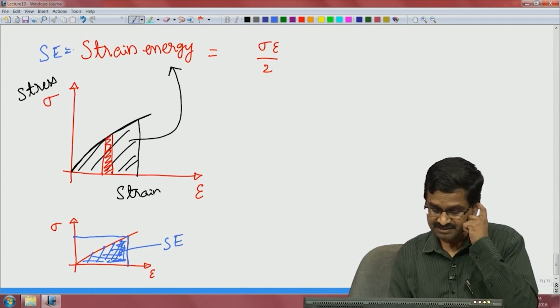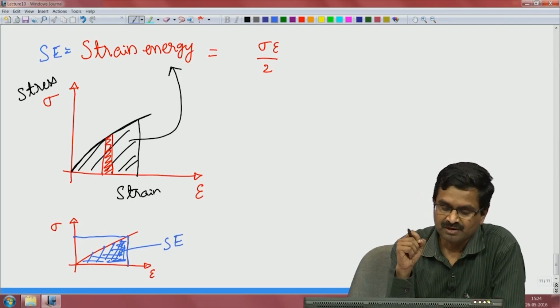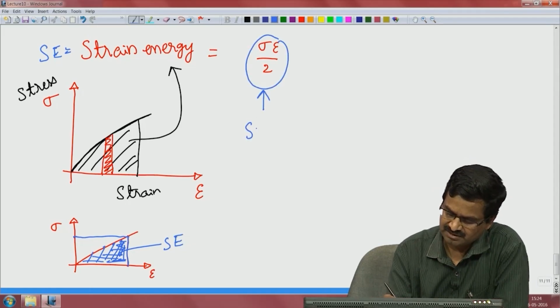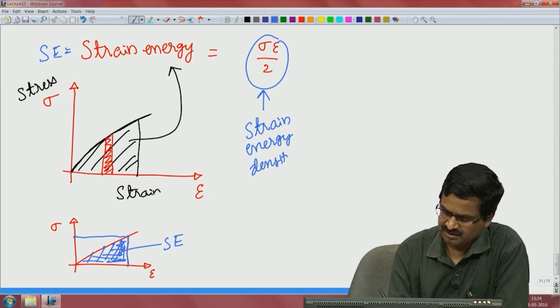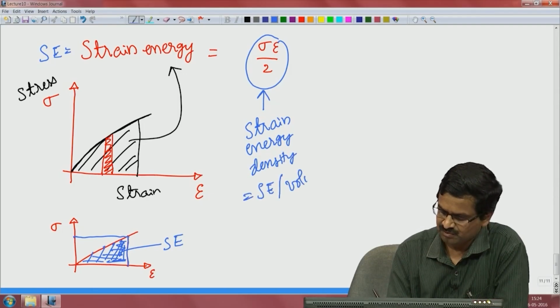Okay. But this is strain energy per unit volume, which we call strain energy density, meaning it is strain energy per unit volume.